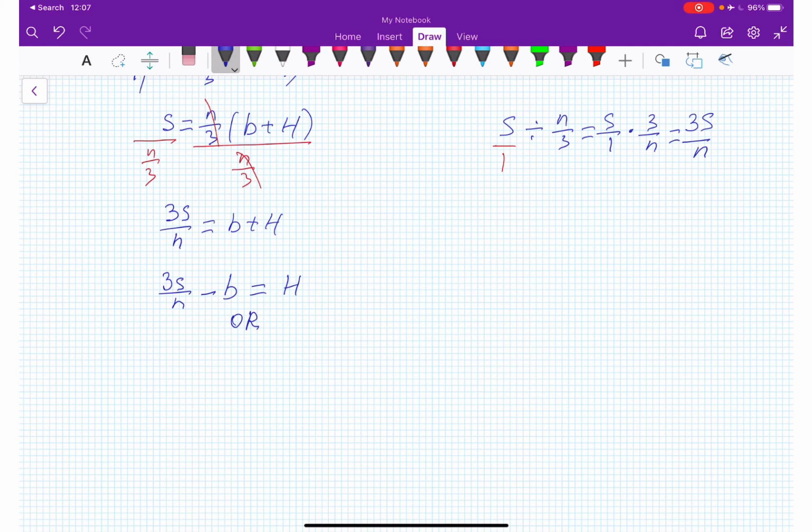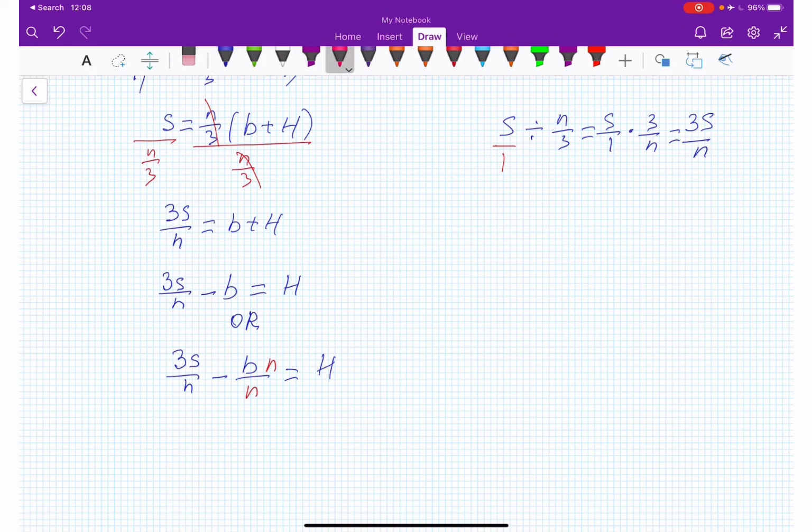So it's going to be 3S over n minus b, with n in the numerator, is equal to h.